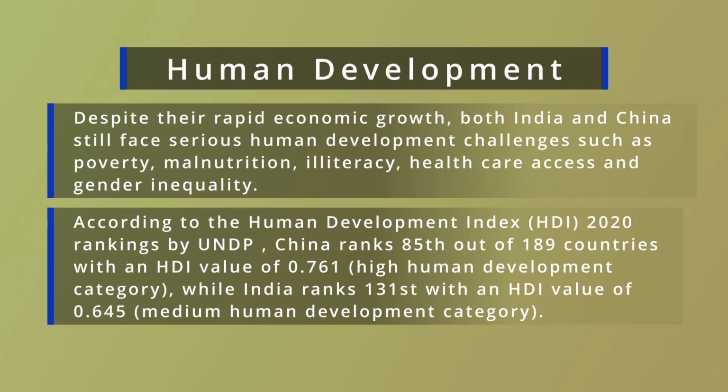China is a country of high human development category, whereas India is a country of medium human development category. As regards environmental status, both these countries are generating huge greenhouse gases in the world environment. But it is true that the emission of carbon is higher in the case of China compared to India, because there are more industrial units in China.